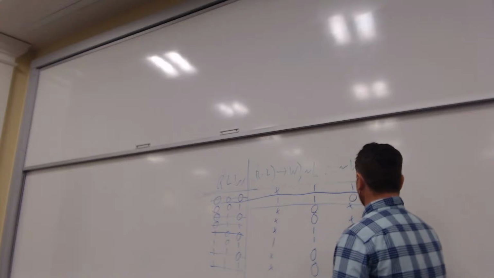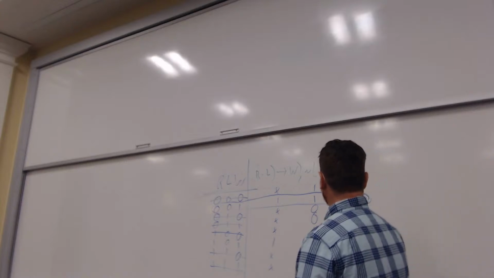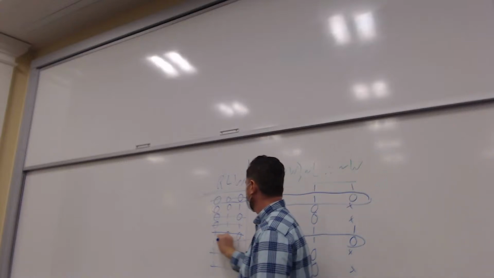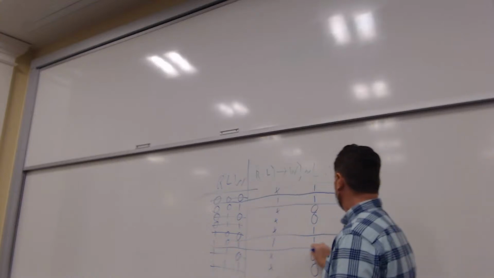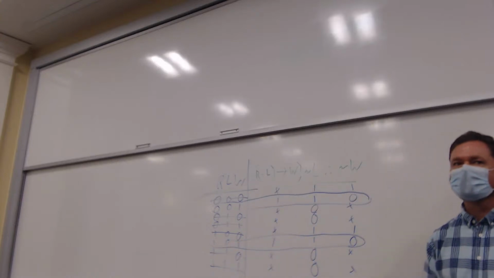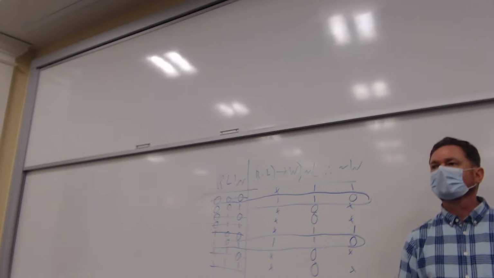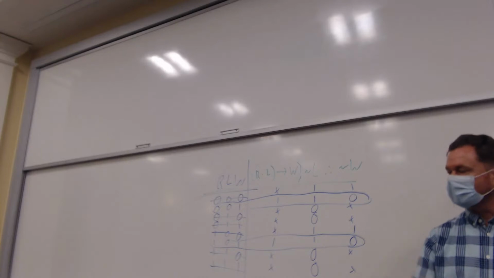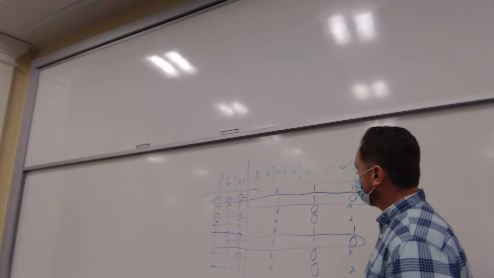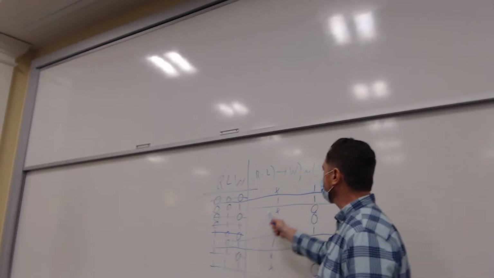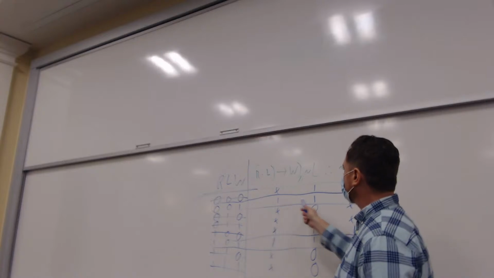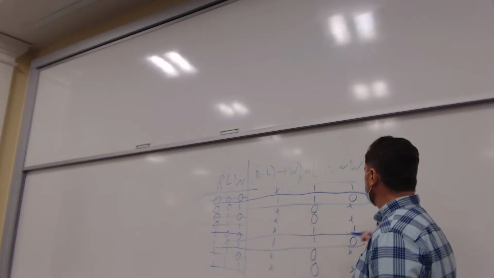And when we look at that, we realize, what have I just proven? I've proven that the argument is invalid because we have two sets of values where both premises are true, but the conclusion is false.